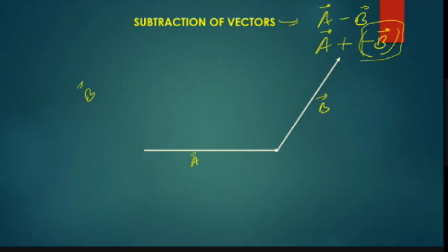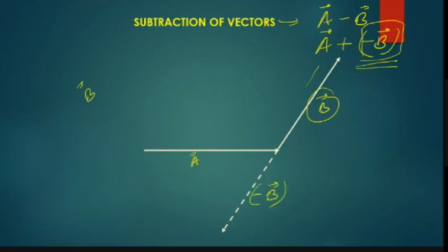Its magnitude is same, direction is opposite. Clear, Kartika? Yes, sir. Okay. So here I have B, but I don't want B. I want minus B. So what I have to do? I have to take the same magnitude but opposite direction. So here you see, this is minus B.